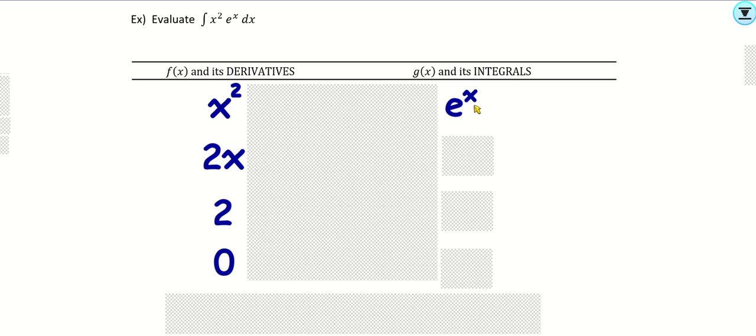Over here, we keep integrating, and this one is very nice and simple, because every single time you take the integral of e to the x, you're just getting e to the x. And then you go down as many rows over here as it took over here to get down to 0.